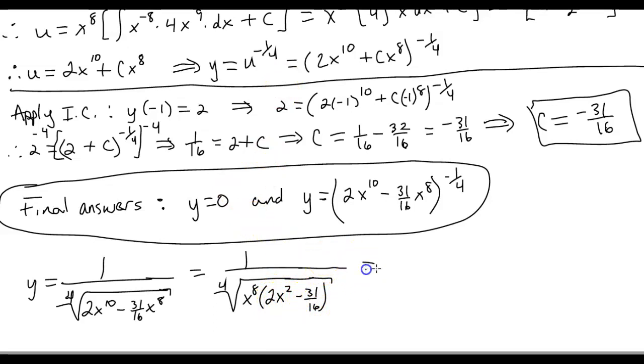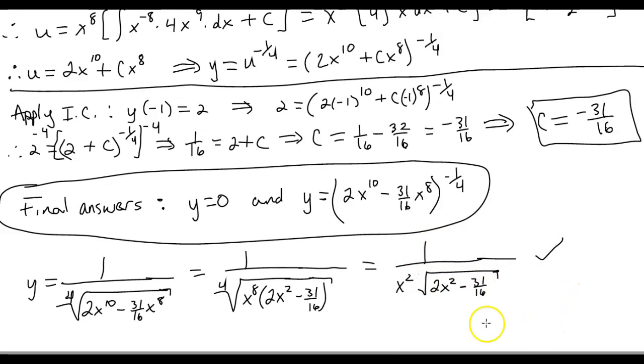So we could do that. If I did that, then the fourth root of x raised to the 8 is just x squared. And then we have the fourth root of 2x squared minus 31 over 16 here. And so this is what it would look like if we simplified it.